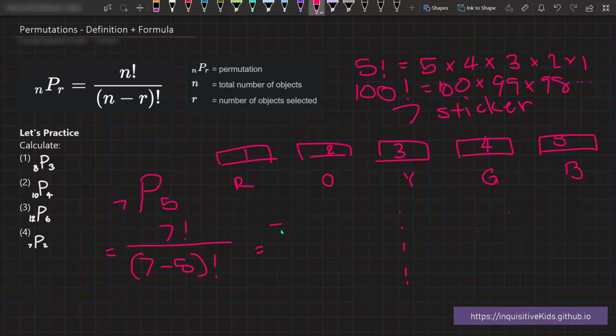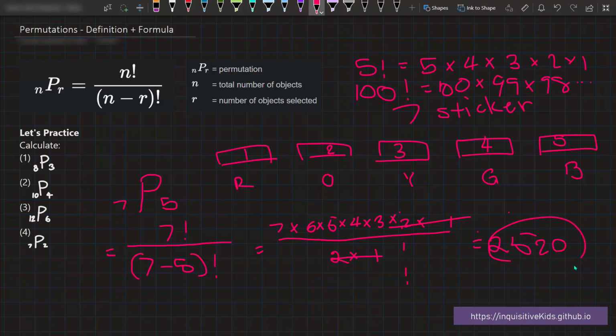So essentially we have 7 times 6 times 5 times 4 times 3 times 2 times 1 divided by 2 factorial, which is 2 times 1. So we can cancel the top and bottom where they're similar, and then what is remaining on the top would be 7 times 6 times 5 times 4 times 3, which is equal to 2,520.